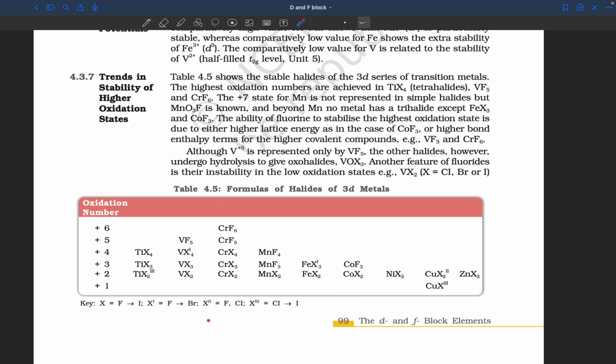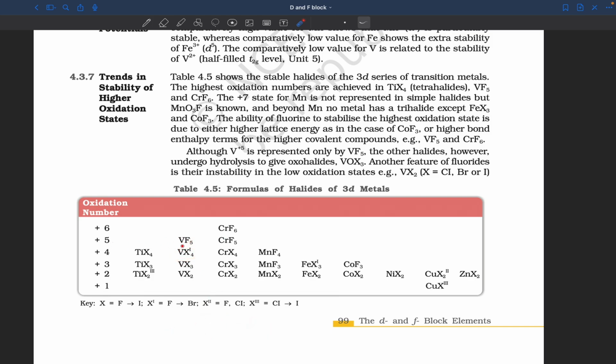So here they have given another key also, T3. This third one stands for only chlorides to iodides known. Another is only fluorides are known. That means vanadium tetrafluoride is known, vanadium tetrachloride is not known.